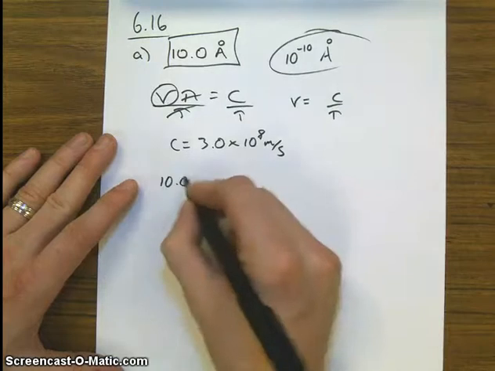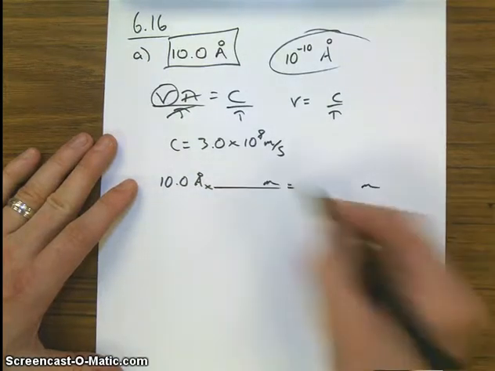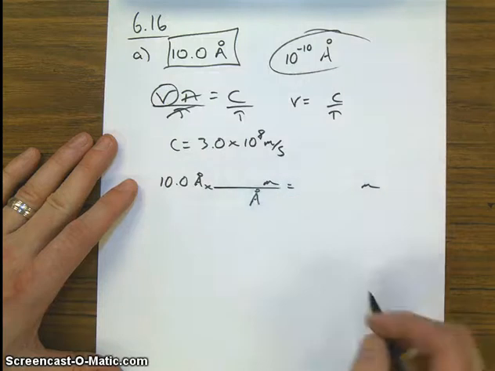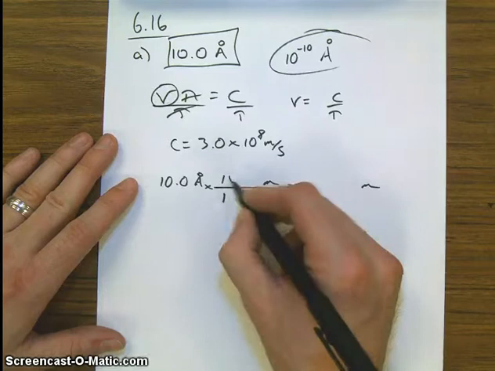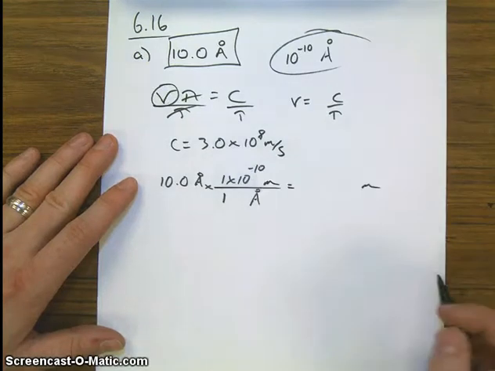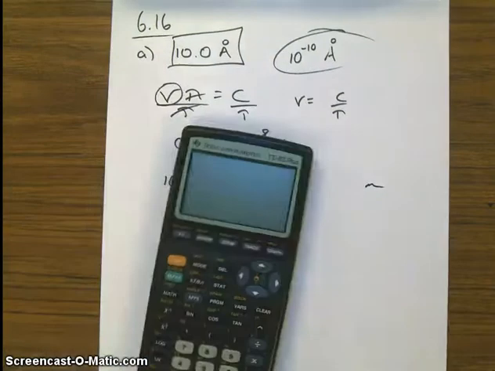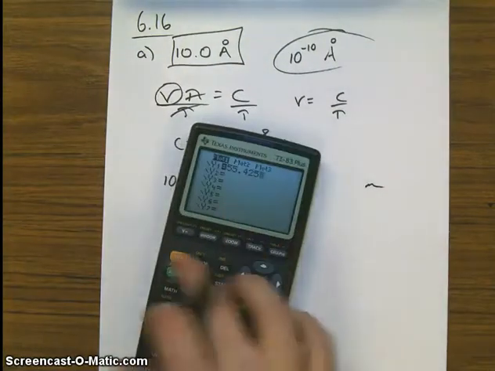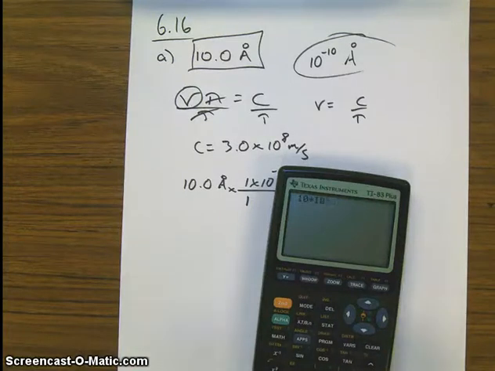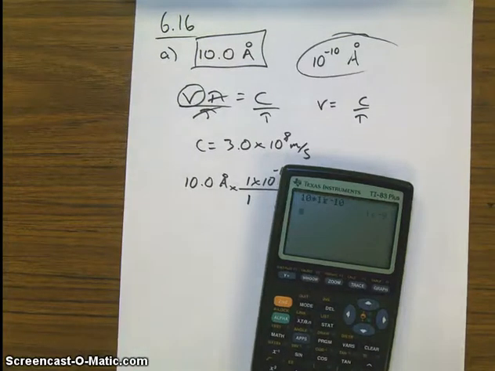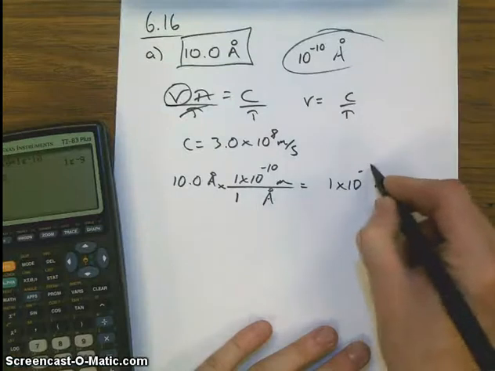So it's 10.0 angstroms times our conversion factor, taking it to meters: meters on top, angstroms on bottom, and for every angstrom you have 1 times 10 to the negative 10th meters. So the math is 10 times 1e negative 10, enter, and I end up with 1 times 10 to the negative 9th meters.